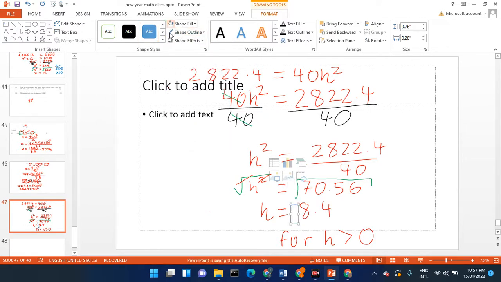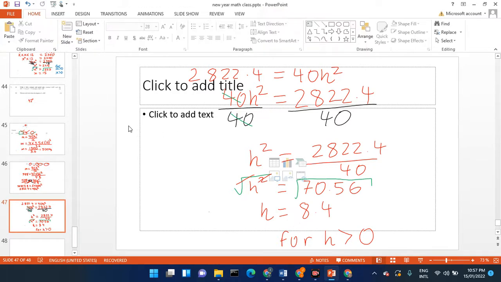It would be true that h squared equals 2,822.4 divided by 40, if we take the square root of both sides, we are dealing with only a strictly positive number.